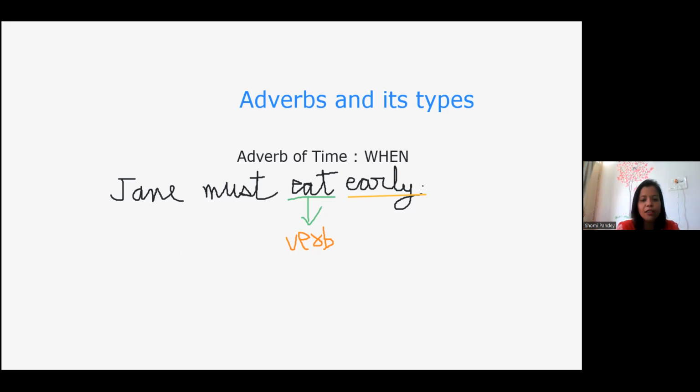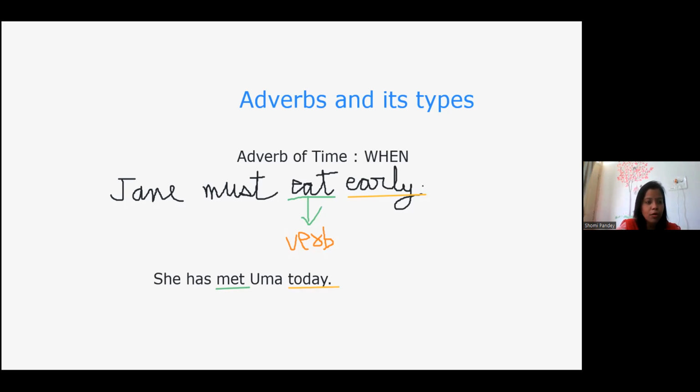She has met Uma today. So she is the pronoun, and let me underline the verb. The verb is met. And what is today? Today is nothing but the adverb.